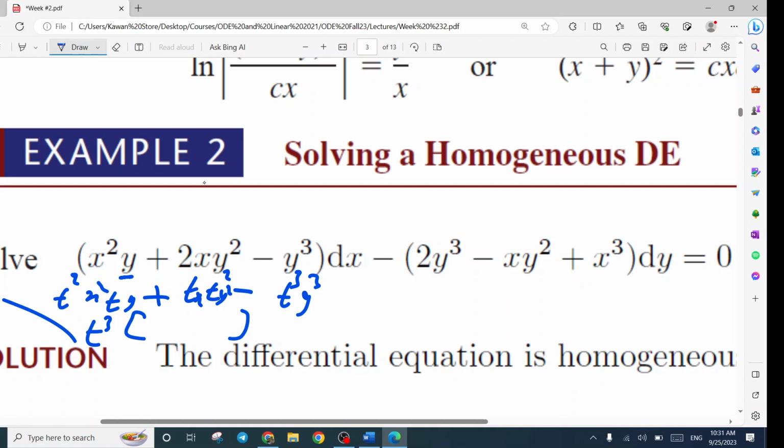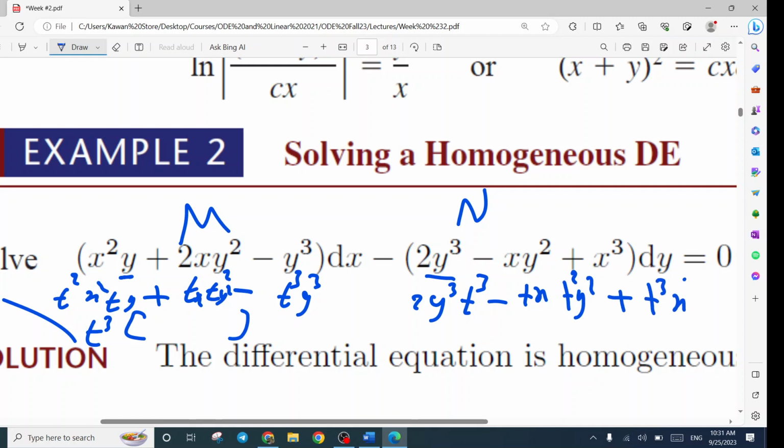Let me check. Replace x by tx and y by ty: tx ty square, and t cube x cube.